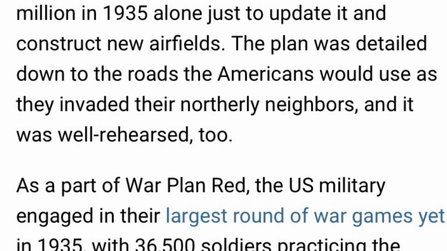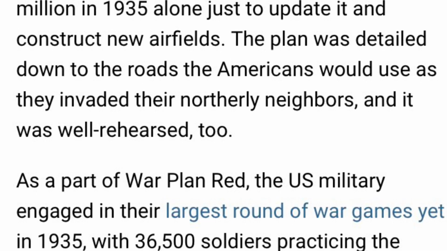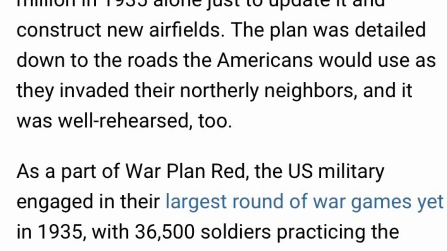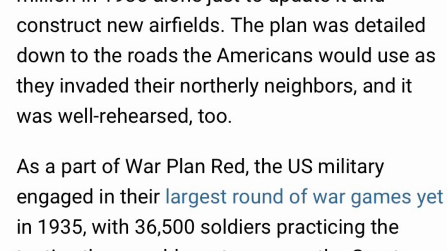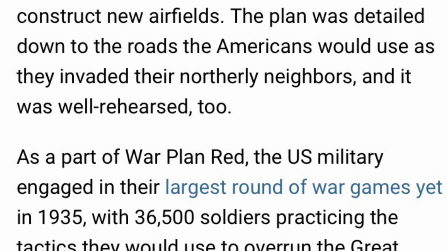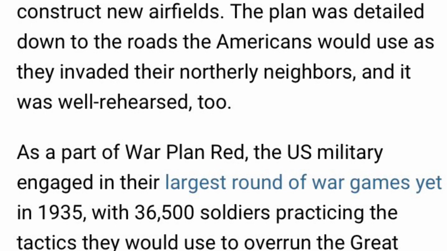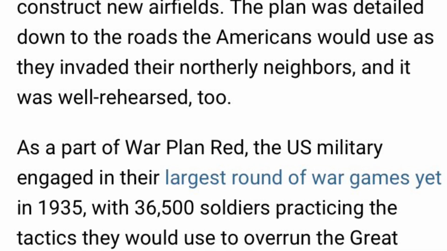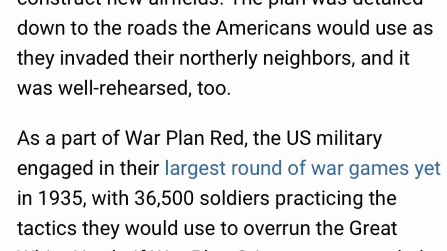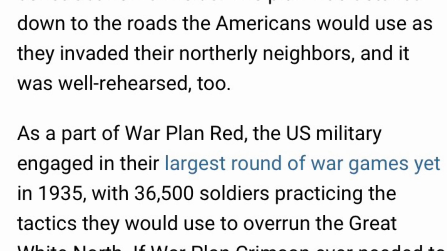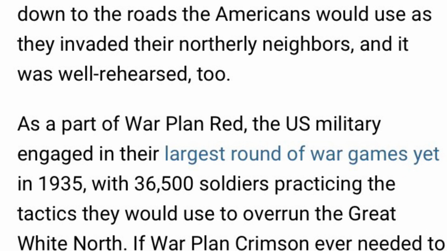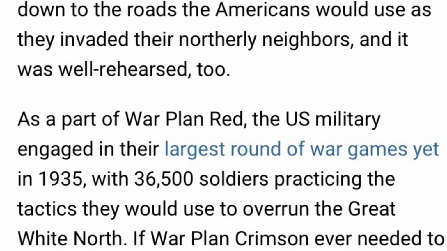And we were going through a depression from 1929 to 1939, and they were planning this. Our government was planning this, and that's what makes me ill about it. It makes me ill that we were planning to attack Canada too, but it really makes me ill that they spent millions of dollars on this in a depression era, when that money could have been spent on the people instead of war plans, and that has me ill. Okay, enough of the rant.